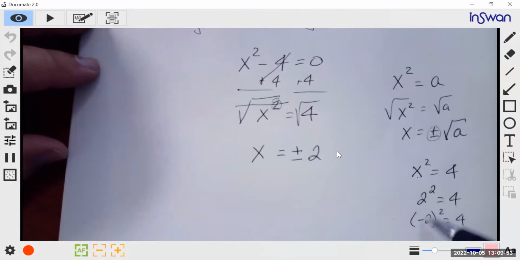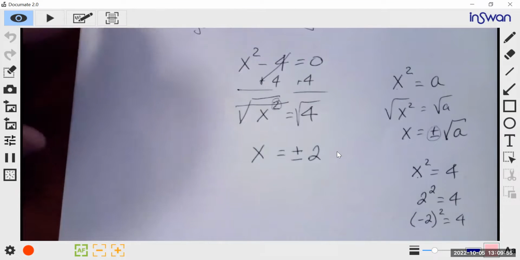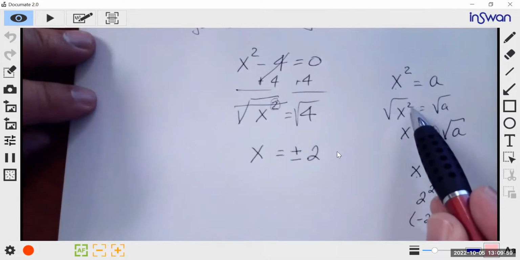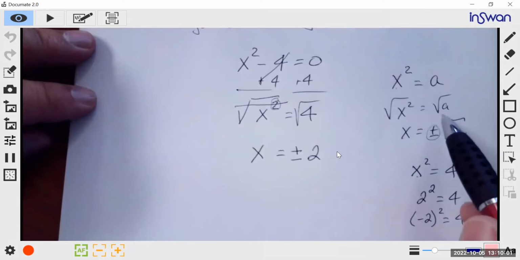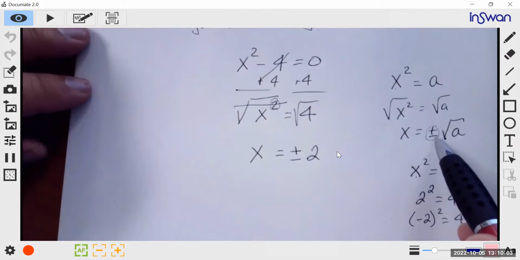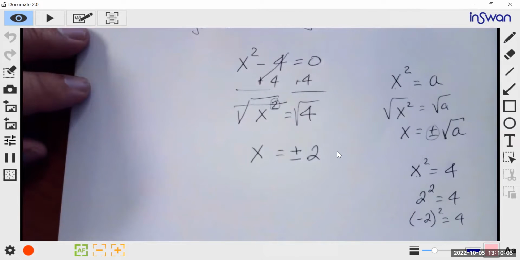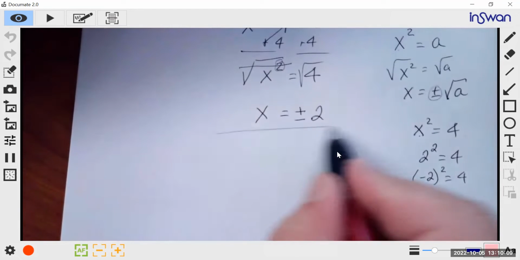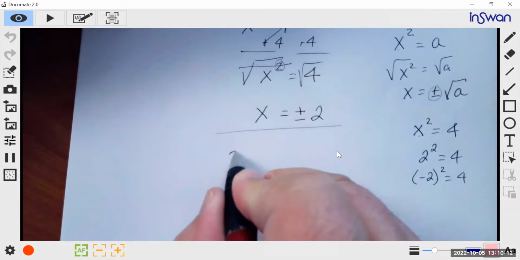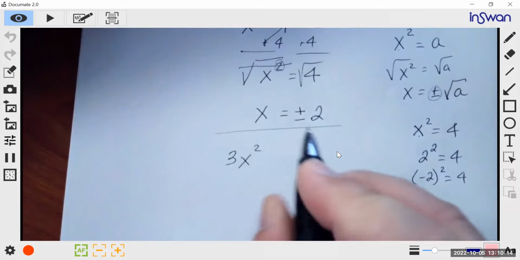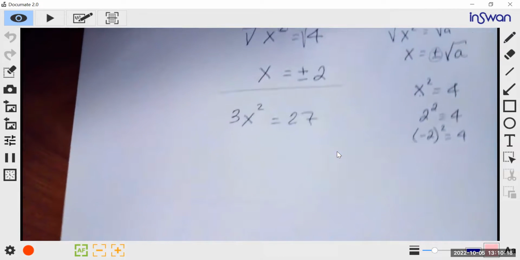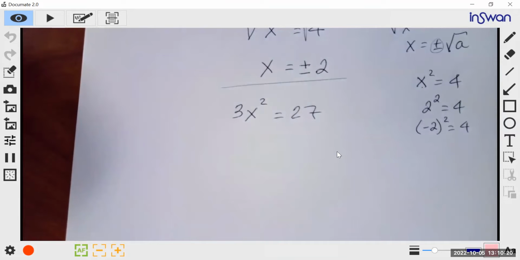So I can take positive and negative of a number and square it, it becomes a positive 4. So whenever you square root an x squared, the answer has to have a plus or minus in front of it. How about this one? What do you do first?